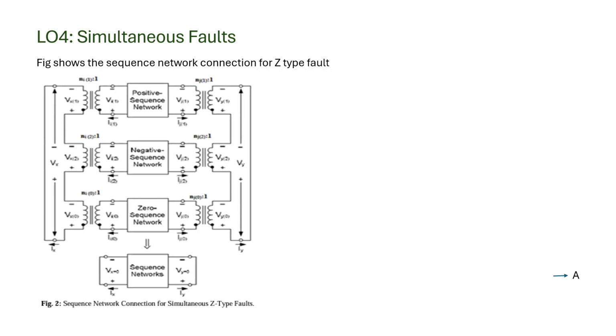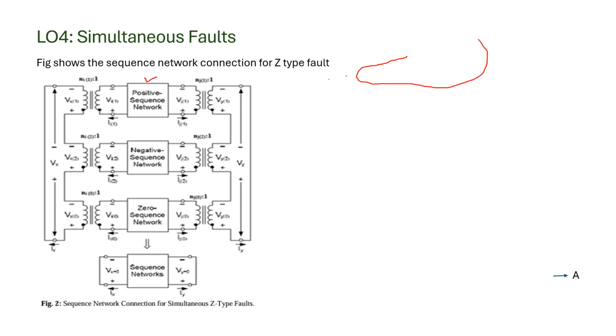Now let us look at this network. Figure shows the sequence network connection for Z type of fault. Here is a very important point to be noted. Now let us understand this. What is this positive sequence network? Suppose you have a power system.